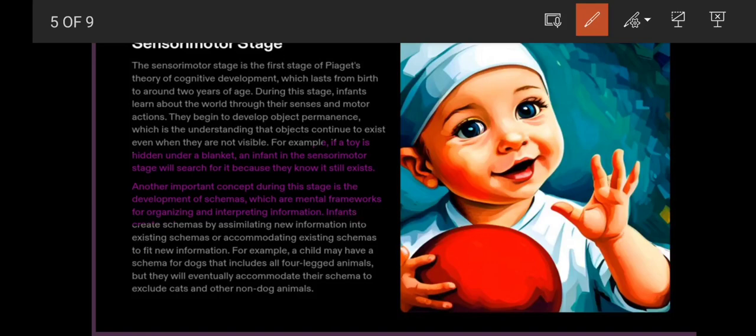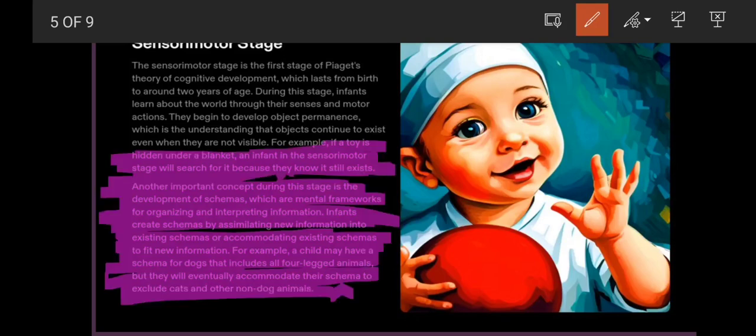Infants create schemas by assimilating new information into existing schemas, or accommodating existing schemas to fit the new information. For example, a child may have a schema for dog that includes all four-legged animals, but they will eventually accommodate their schema to exclude cats and other non-dog animals.